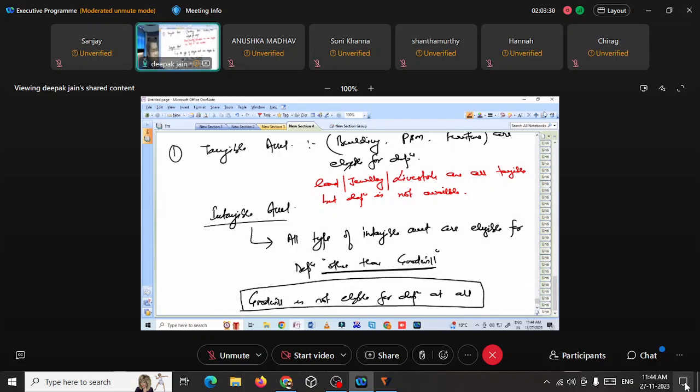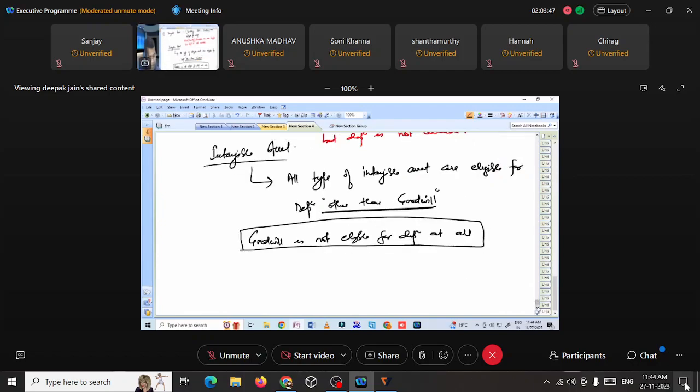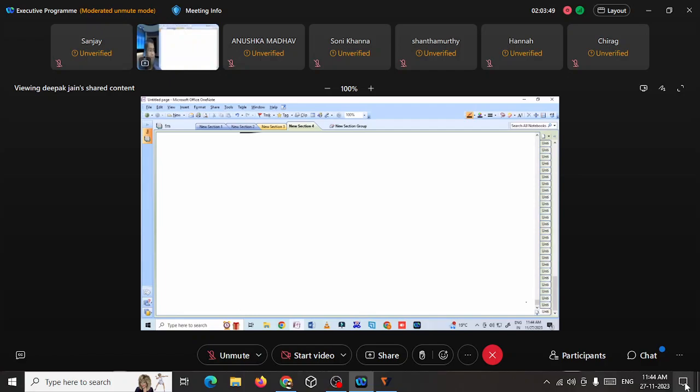Intangible assets like patent, copyright, trademark, franchise, license, or any other IPR are eligible other than goodwill. Goodwill is not eligible at all. This one is point number one. Any query, beta? Make it fast. No, sir. Point number two.